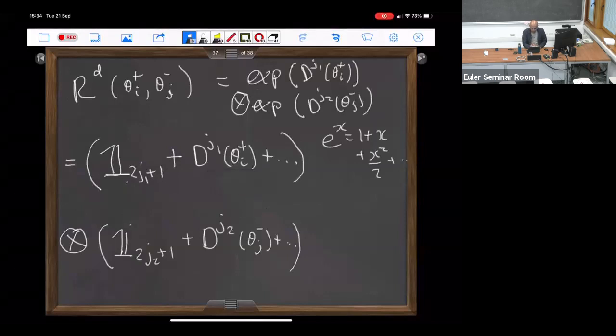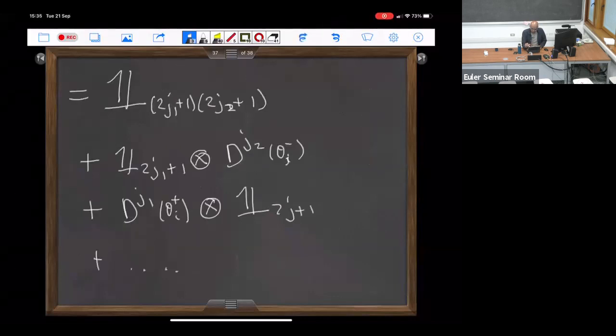So just to repeat, the first term we wrote was this times this, then we wrote this times this, and then this times this. Remember, the order is important in the tensor product. So this is a J2 here. So this is what we get.